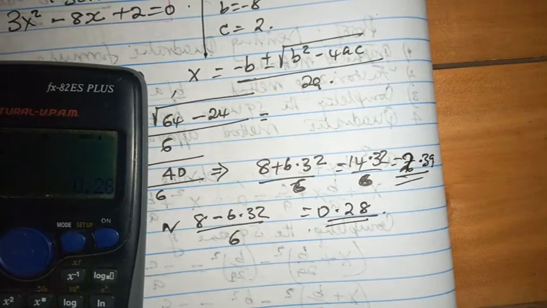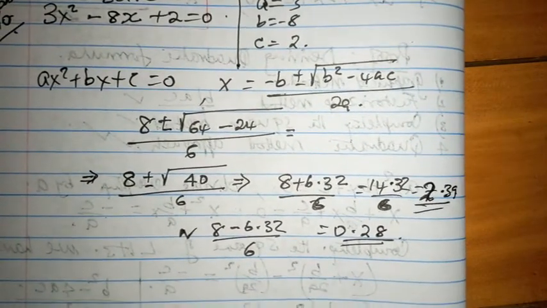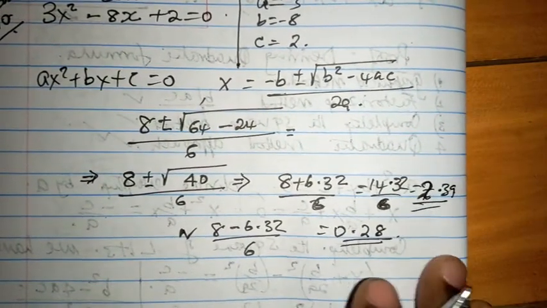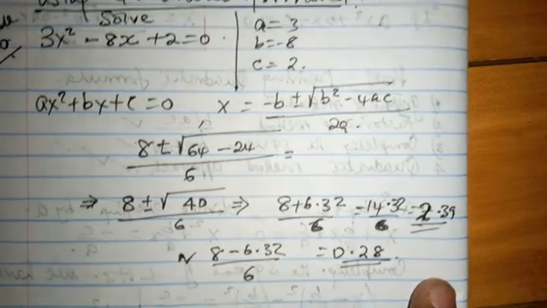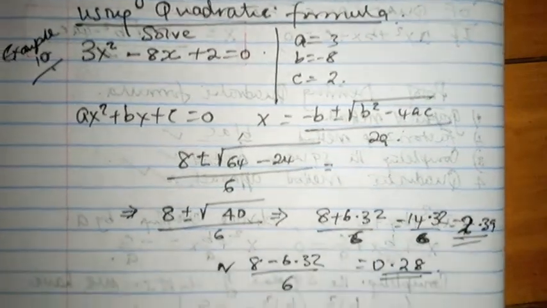And that is just how easily we can use the quadratic formula to solve questions of this nature. Please note, you just have to substitute perfectly and easily, and there you are.